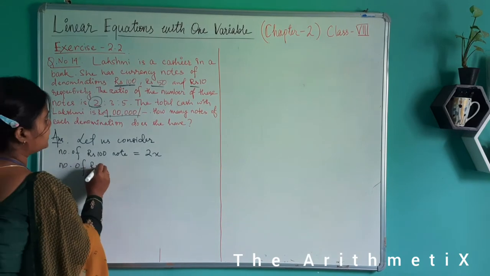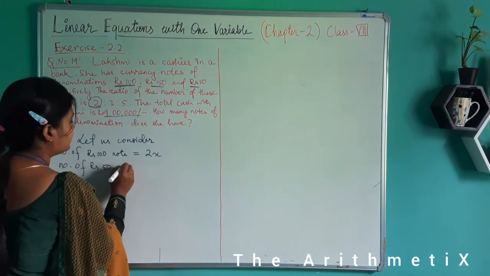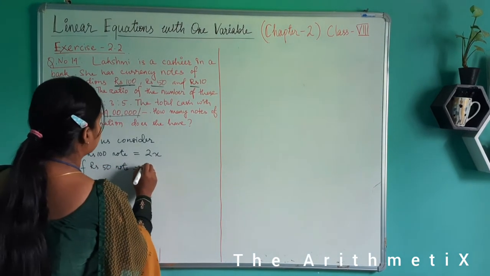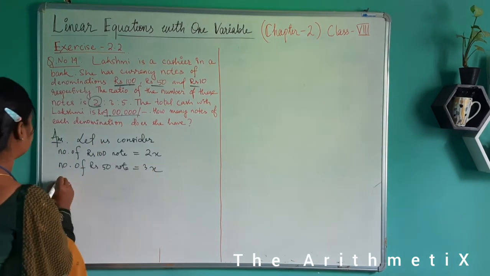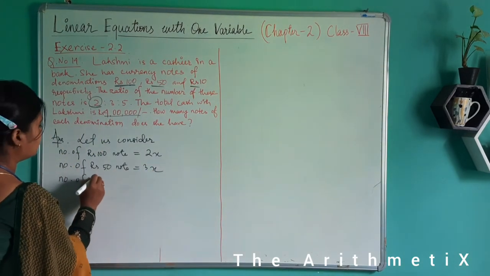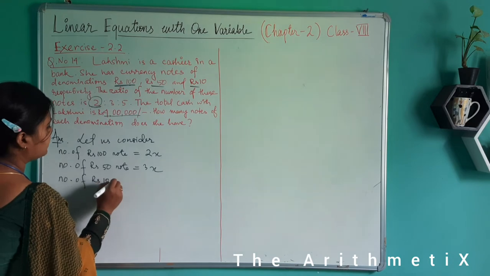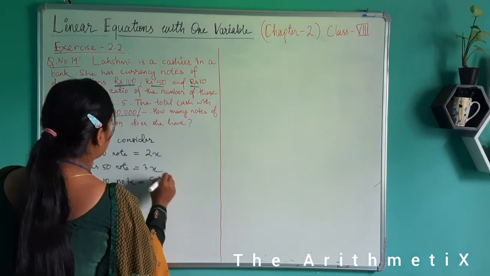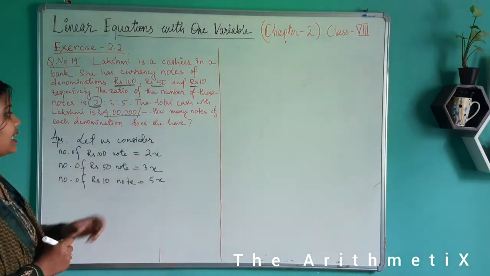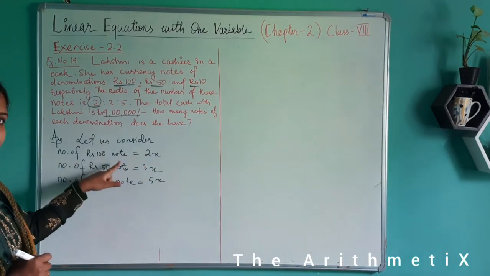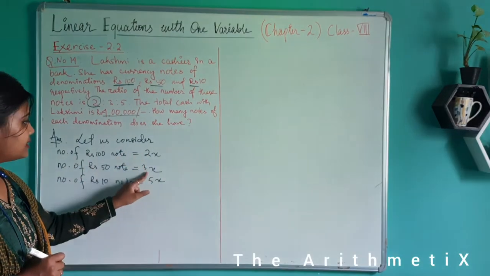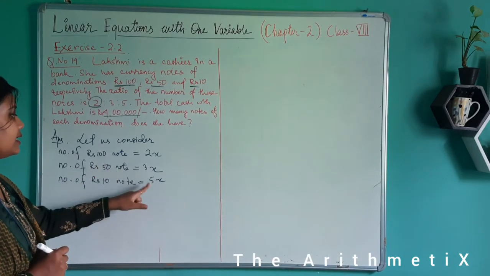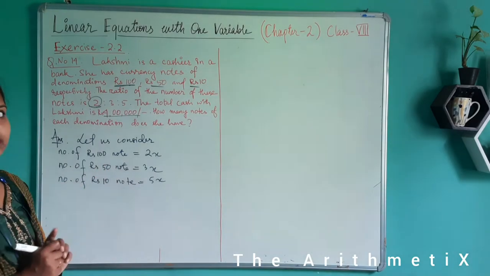Number of rupees 50 note is 3x. Number of rupees 10 note is 5x. It means she has 2x number of 100 rupees note, she has 3x number of 50 rupees note, she has 5x number of 10 rupees note.